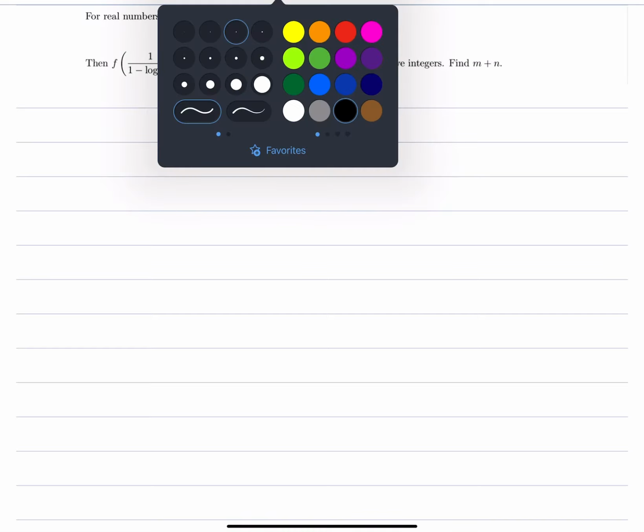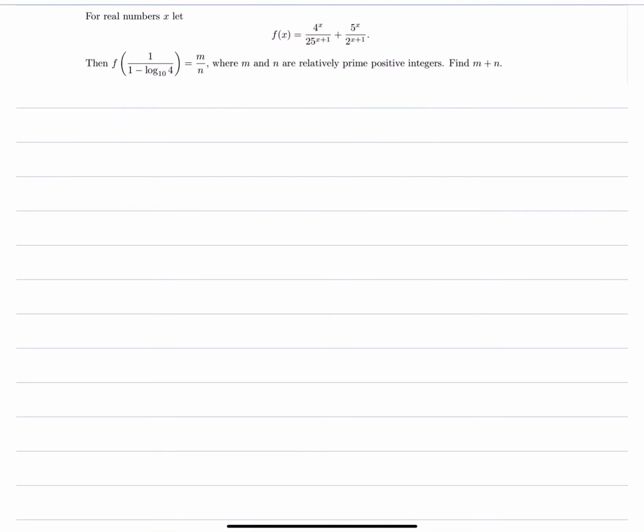I'm going to first start with f of x. So I'm going to write down f of x as itself: 4 to the power of x divided by 25 to the power of x plus 1, plus 5 to the power of x divided by 2 to the power of x plus 1.